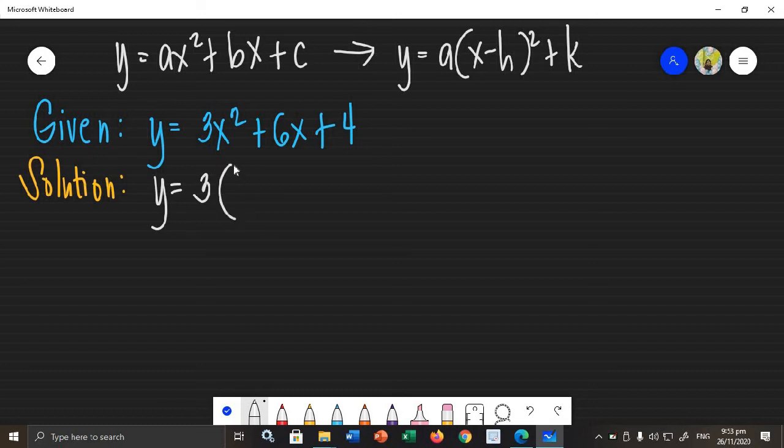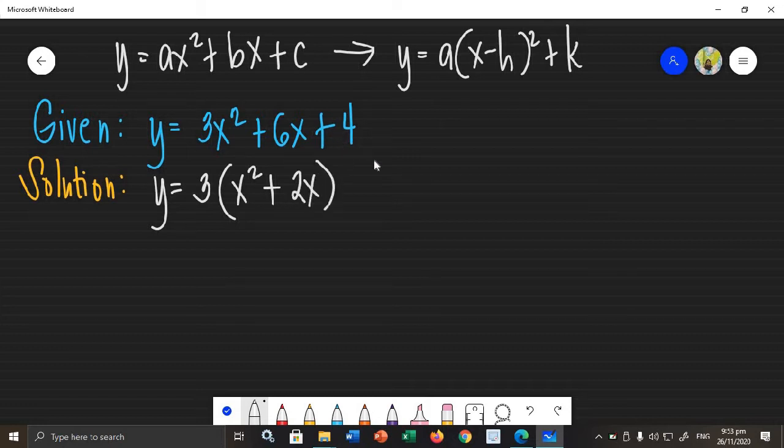Okay? And then, after taking out 3, we need to divide the original terms by 3. So, 3x squared divided by 3, what's left here is x squared. And then, plus 6x divided by 3, that is equal to 2x. Yeah, 2x.